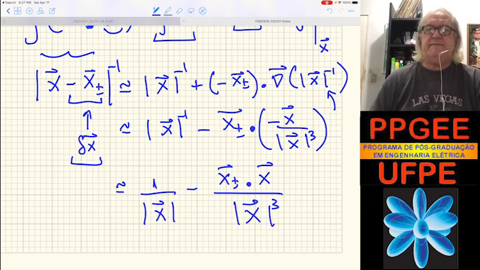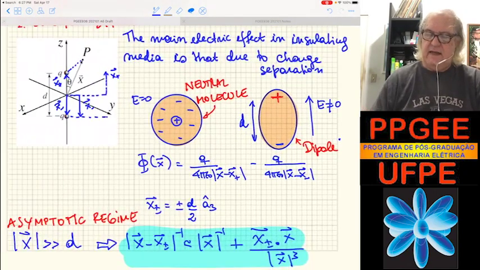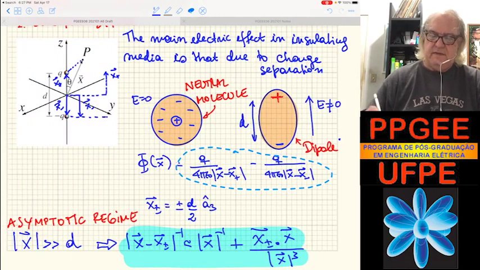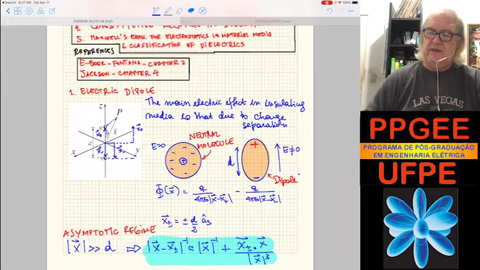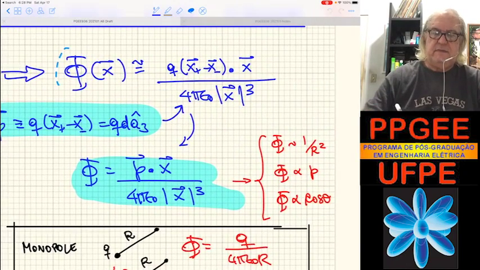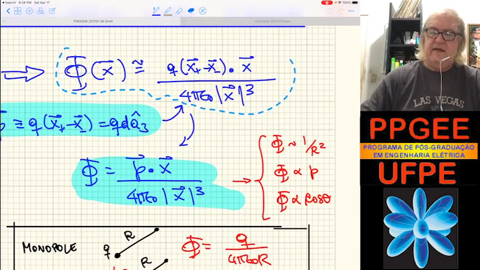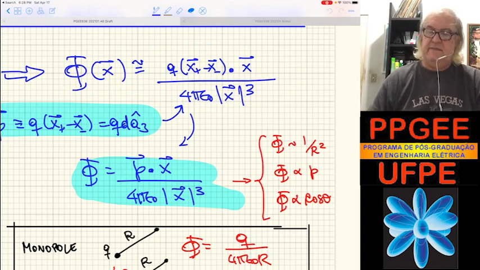So we use that, and when we combine those two terms, we obtain, after a quick calculation, the asymptotic behavior of the potential.